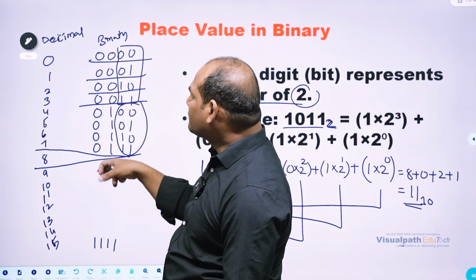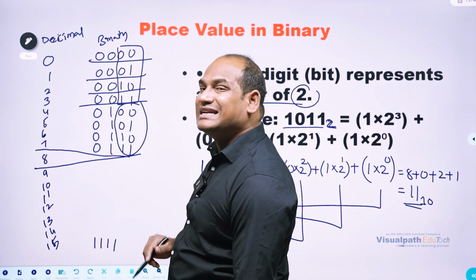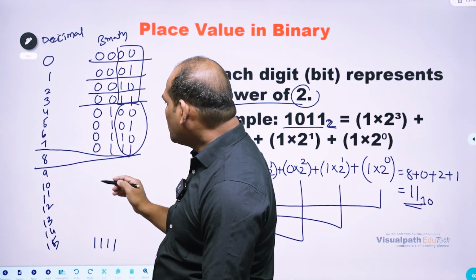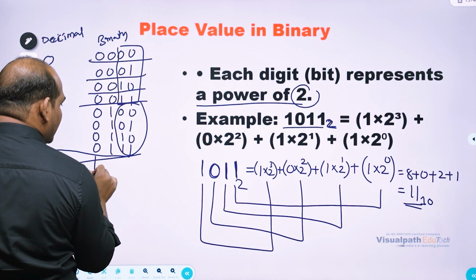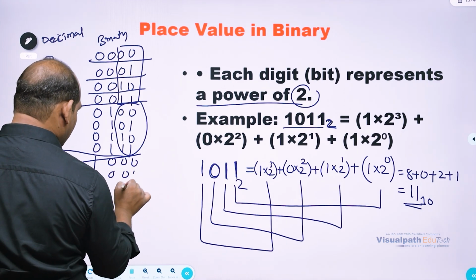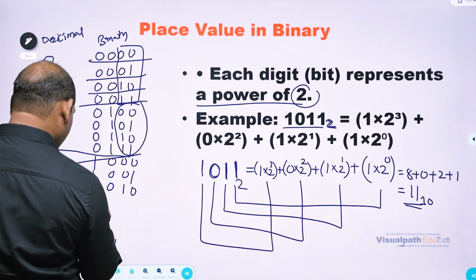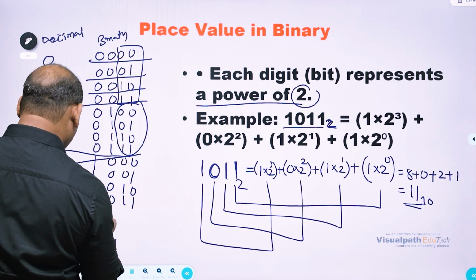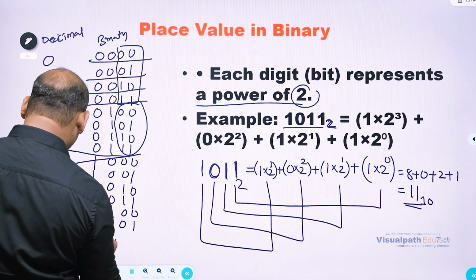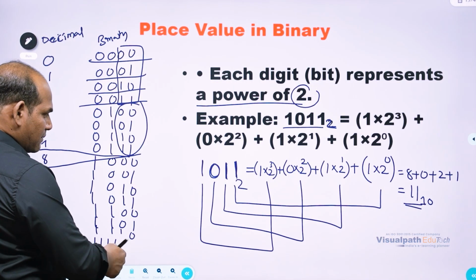But the most significant bit, this last one, is called the MSB, most significant bit, and the first one is called the LSB, least significant bit. So here the 8 numbers will be 1000, next 1001, next 1010, next 1011, next 1100, next 1101, next 1110, next 1111.